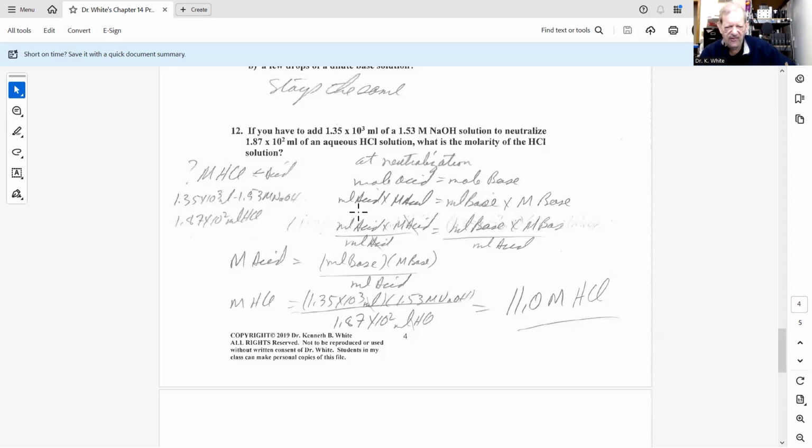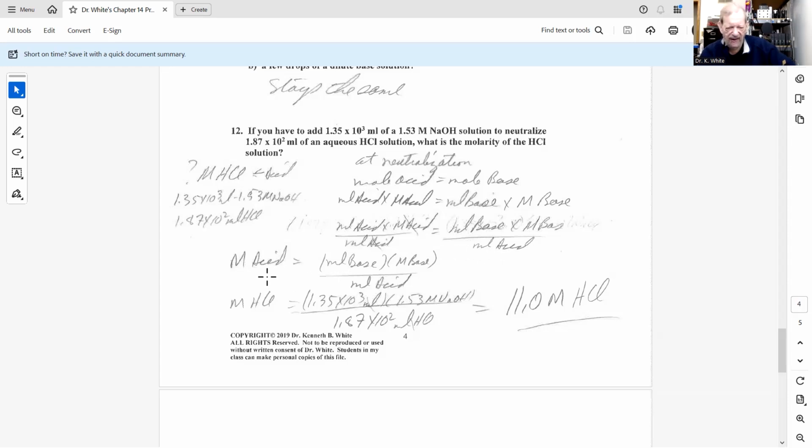That's milliliters of acid times molarity of acid equals milliliters of base times molarity of base. We want to solve for molarity of acid. To get rid of the milliliters of acid, we divide by it. Anything divided by itself becomes the number one. But whatever we do to one side, we do to the other. Divide by milliliters of acid.